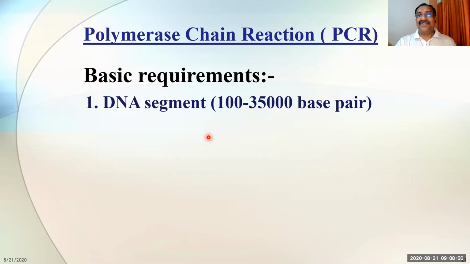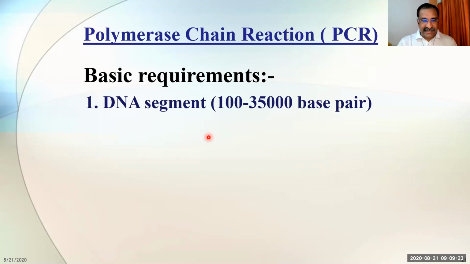Now the polymerase chain reaction steps, we are entering into the entire process. We have seen last class what is the meaning of it. Now today we are going to see how the PCR is taking place. And for the polymerase chain reaction, we need certain requirements. The first and the most important requirement is the basic DNA segment.